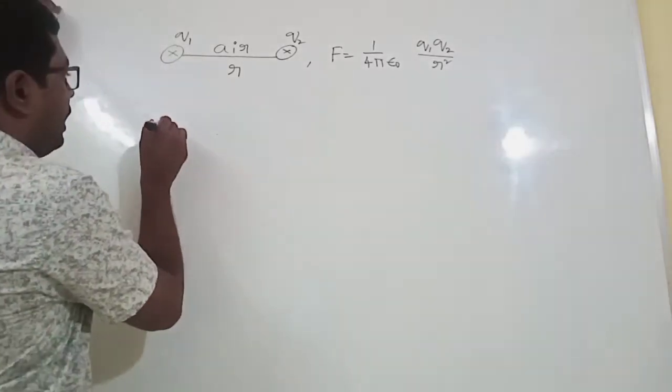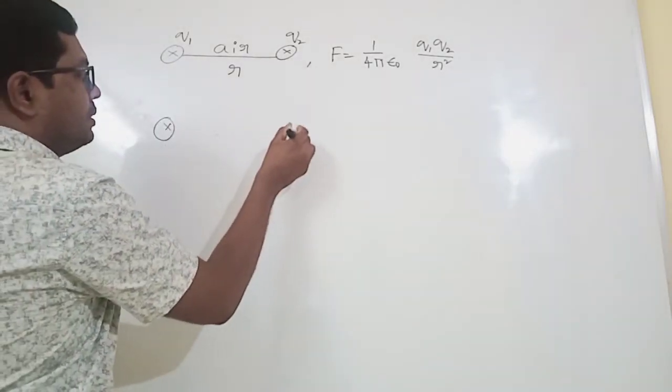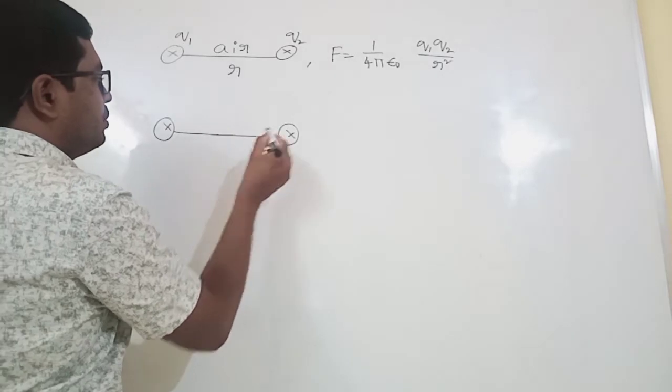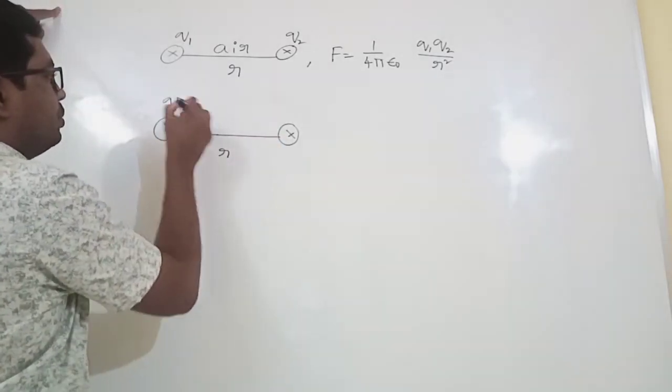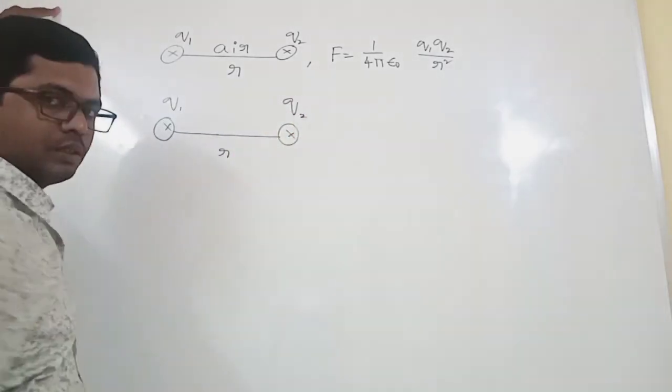This time I am changing the medium. The distance between these two is R, this is Q1, and this is Q2, the other charge.